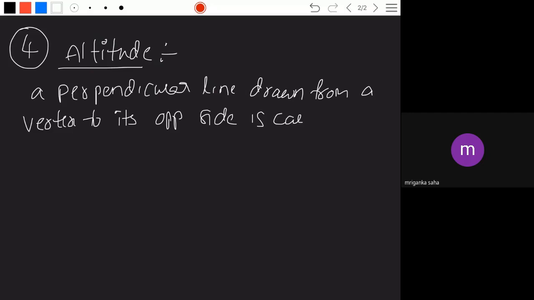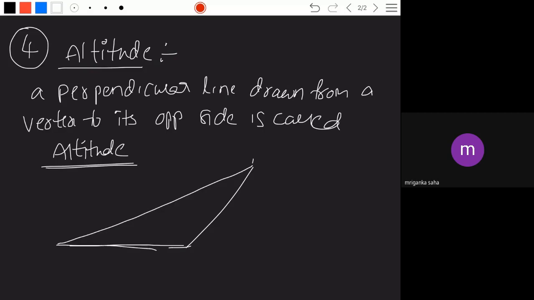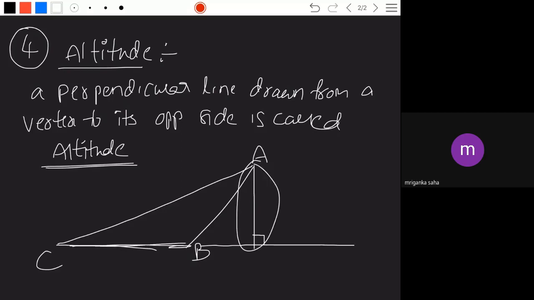This is the definition of the altitude. Did you get my point? See here, if you take an obtuse angle triangle, and draw an altitude from A, you have to extend BC, and the perpendicular line will be here. This becomes an altitude from A to BC. Did you get my point?